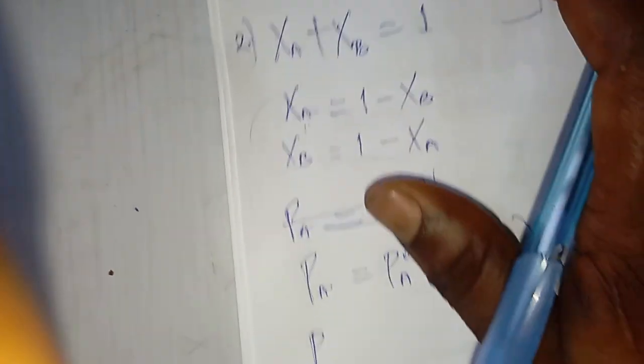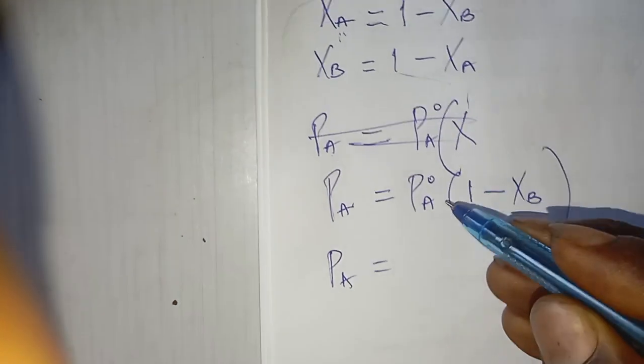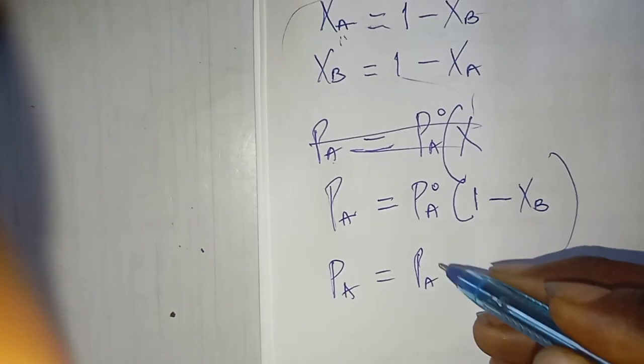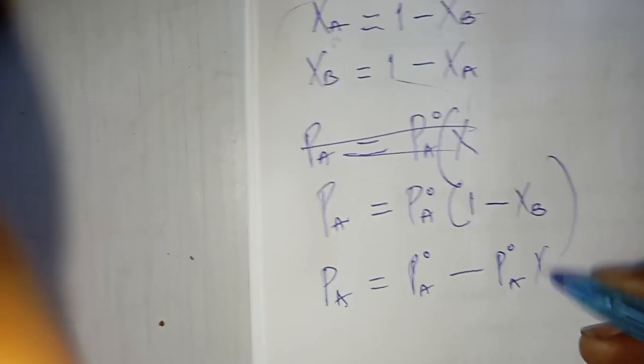So I replace it. This is going to give me PA is equal to PA naught, that is the way we call it in class, minus PA naught XB.